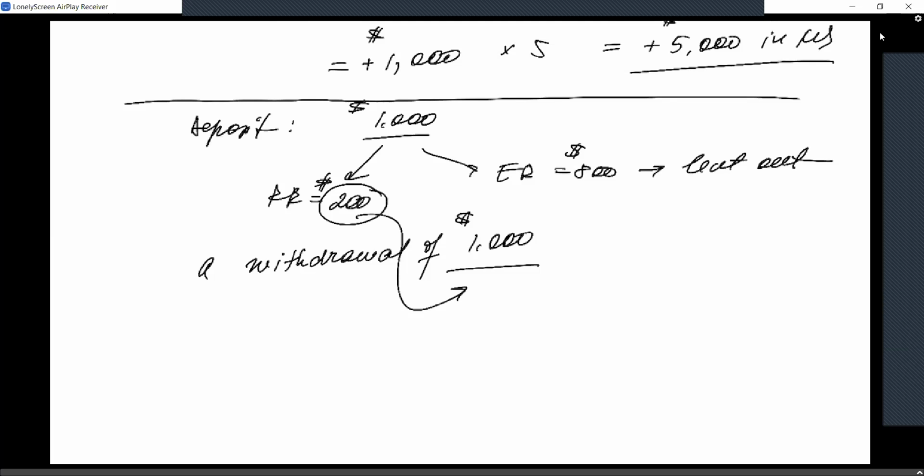Okay, so let's go back to our example. So you're standing in front of a cashier and ask for $1,000 that you deposited a couple of days ago. And the cashier says, yeah, give me a moment. We know that only $200 are actually available.